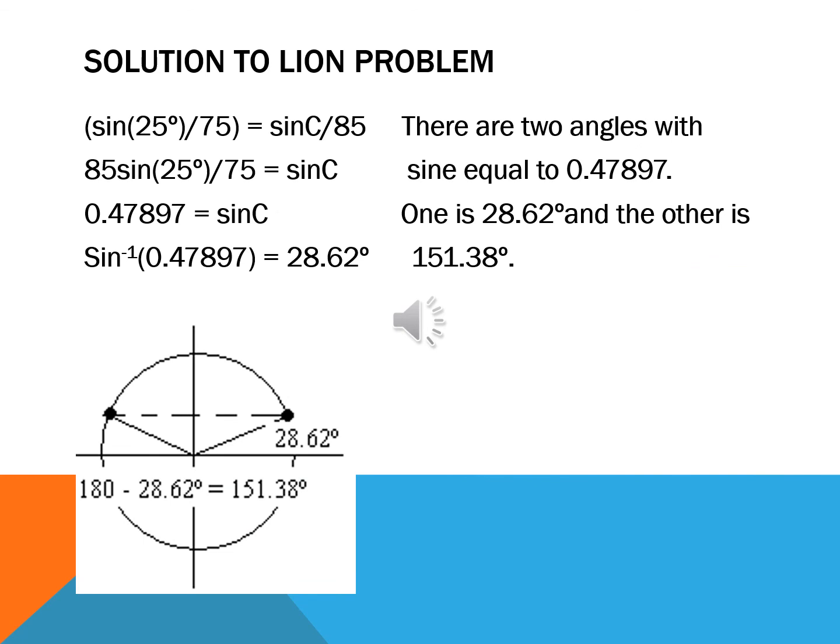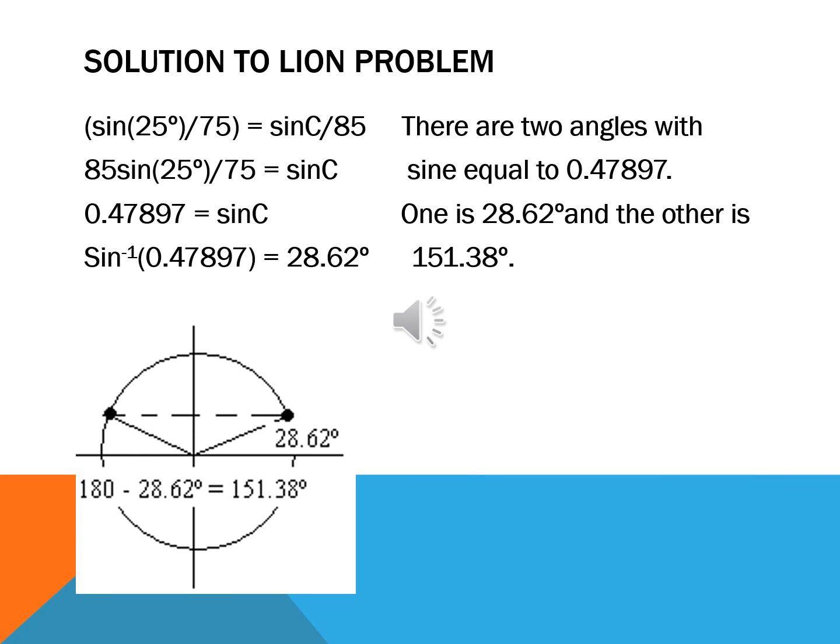25 degrees is opposite one of the radii of the circle that the motion detector makes. So sine of 25 degrees divided by 75 would equal sine of angle C over 85. So 85 was the length between the watering hole and the motion detector, and there's an angle in a triangle that's opposite that.